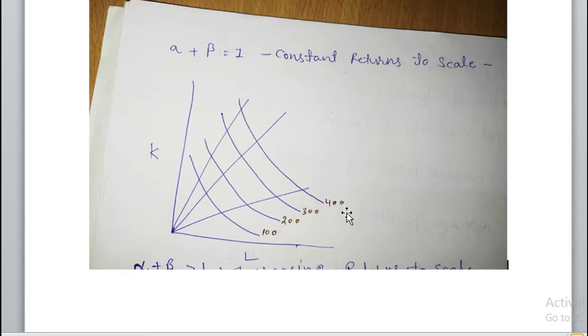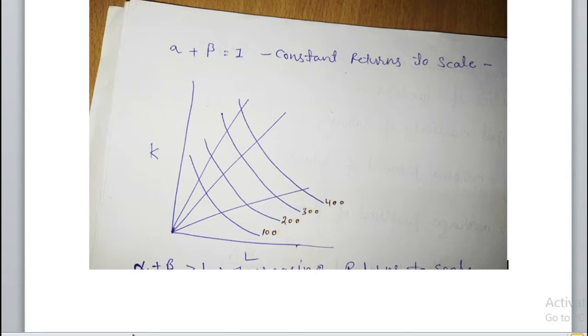Okay, so you can see that the distance between all the isoquants is equal. So to have a 100% or 1 unit increase in the output, you need to increase 1 unit of the total factors of production.